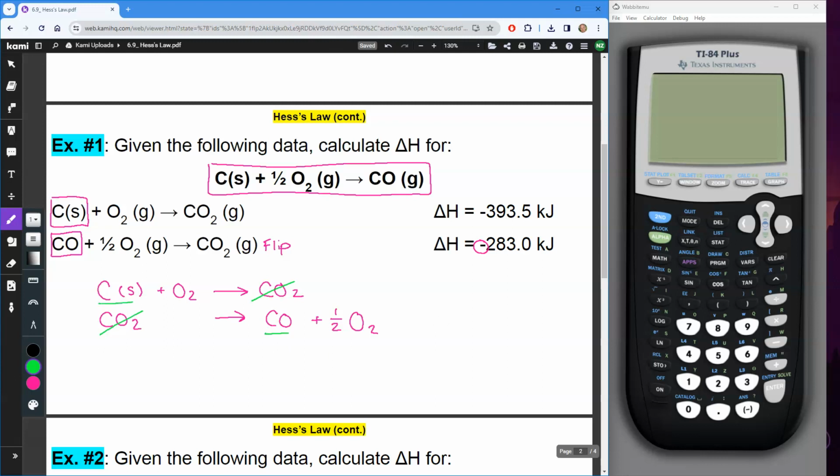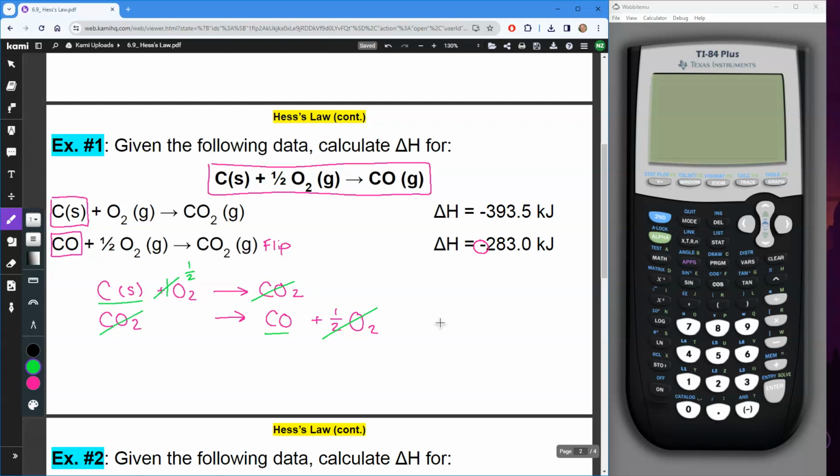Carbon solid is in the reactant side. In the target reaction, that's where it's supposed to be. But we have this 1/2 O2 in the target reaction. And if you look here, it's only on the product side. Well, I can get rid of the half oxygen here, and there's an imaginary 1 in front of the O2 here. So if I cancel half of that 1, I will be left with 1/2.